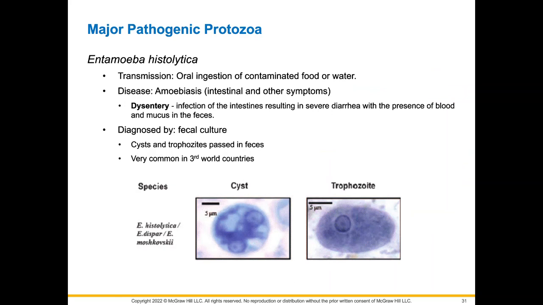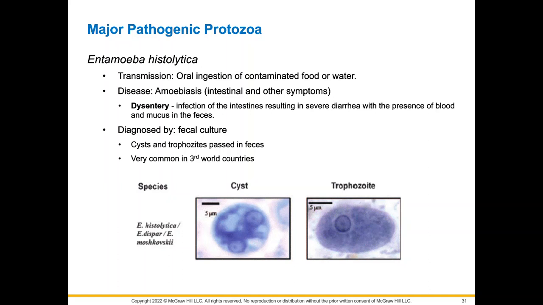Let's look at a couple examples. Here we have Entamoeba histolytica. This is transmitted orally by contamination of food or water, and it causes amoebiasis, which is an intestinal syndrome. It causes dysentery. This is where we will wind up having severe diarrhea with the presence of blood and mucus in the feces due to this infective organism.